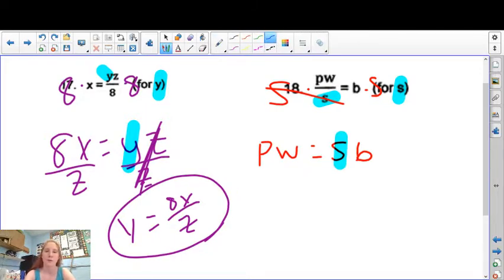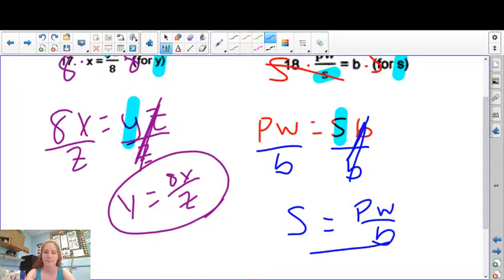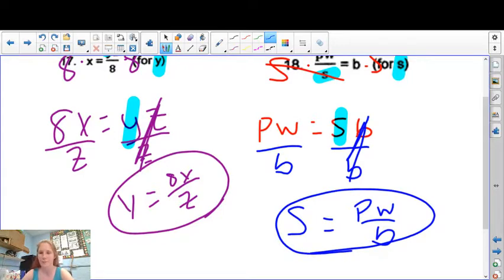I want to undo whatever's causing the issue. Right now, the multiplication is causing the issue. So I'm going to undo my multiplication with division. Causes them to cancel. So S is equal to PW divided by B. Look, 3 more to go.